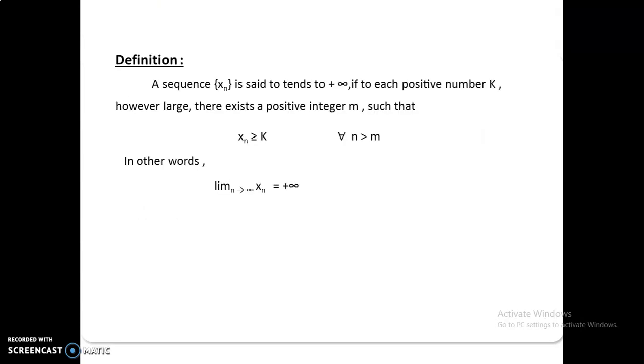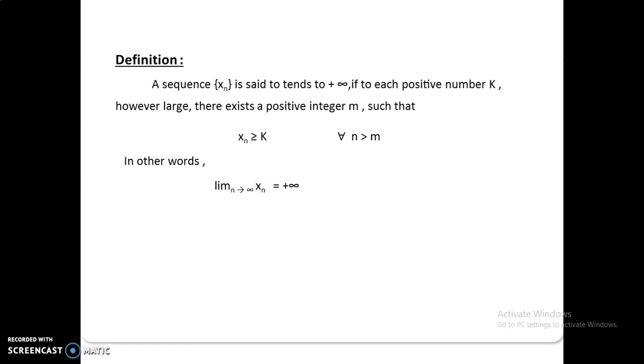And another one: a sequence xn is said to tend to plus infinity, that means it diverges, if for each positive number capital K, however large, there exists a positive integer m such that xn is greater than or equal to K for all n greater than m.